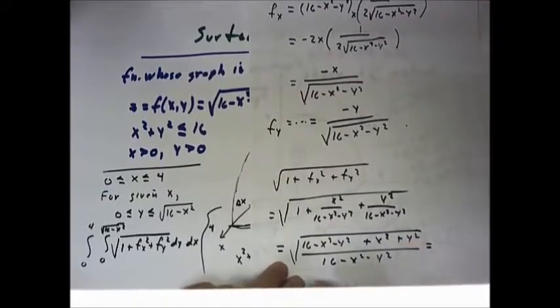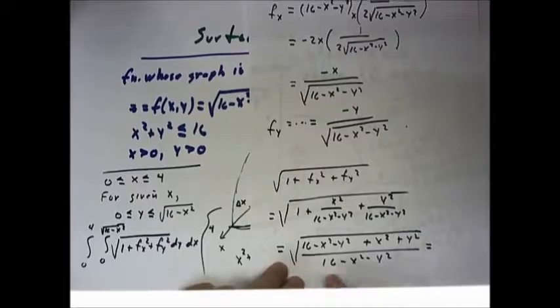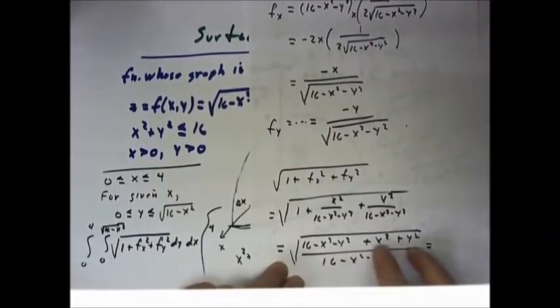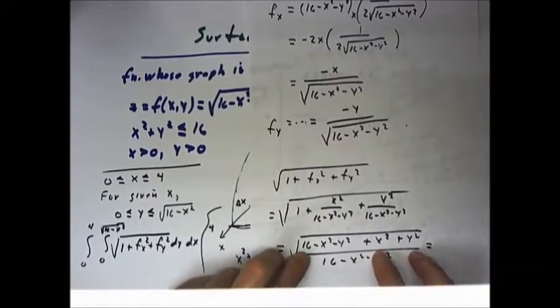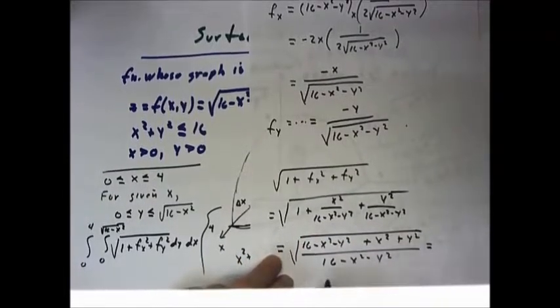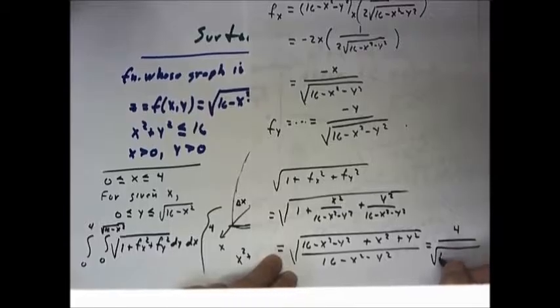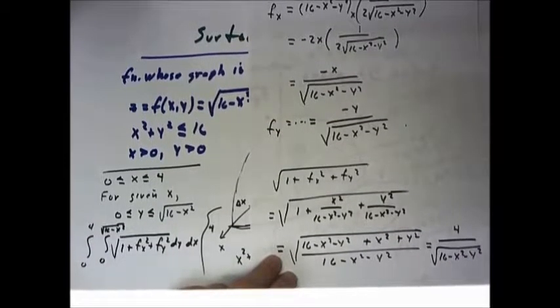And that simply comes out square root of 16. The x squareds and y squareds add up to 0. So we have the square root of 16 over the square root of 16 minus x squared minus y squared, and that's just going to be 4 over the square root of 16 minus x squared minus y squared.